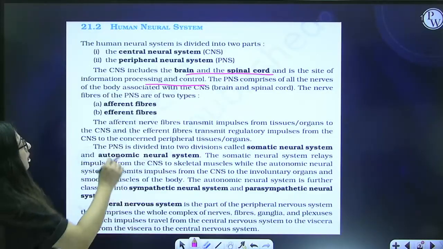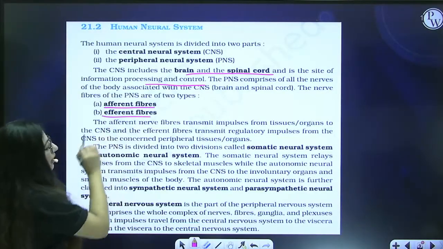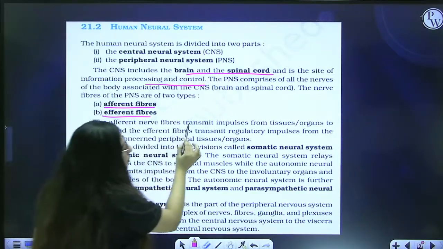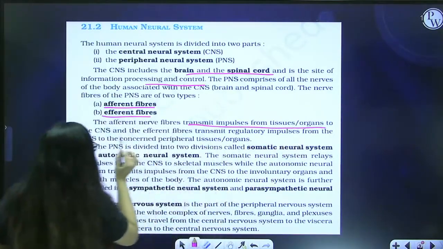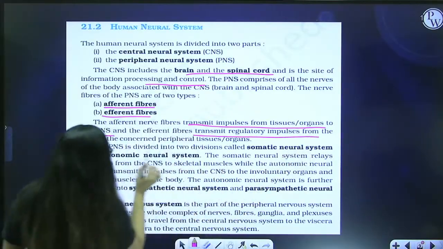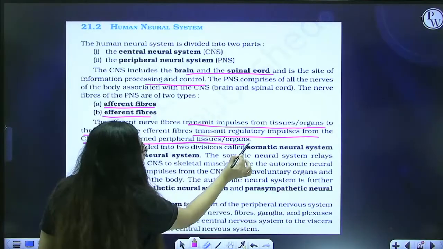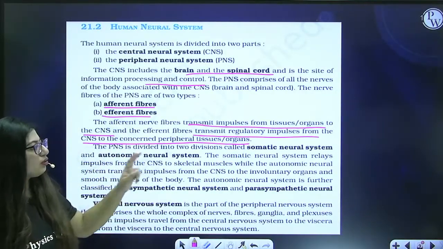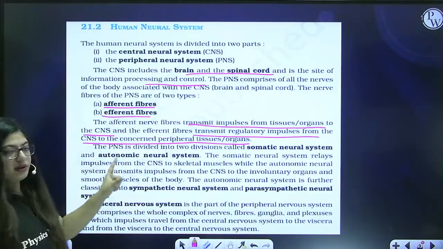The nerve fibers are of two types, afferent and efferent. Afferent are sensory, efferent are motor. Afferent nerve fibers transmit impulses from the tissues or organs to the CNS, and efferent transmit regulatory impulses from the CNS to the peripheral tissues or organs. The PNS is divided into two divisions: the somatic neural system and the autonomic neural system.